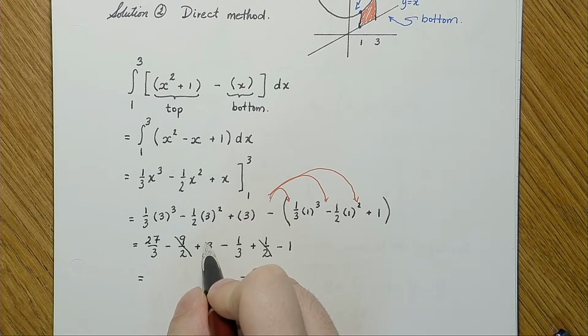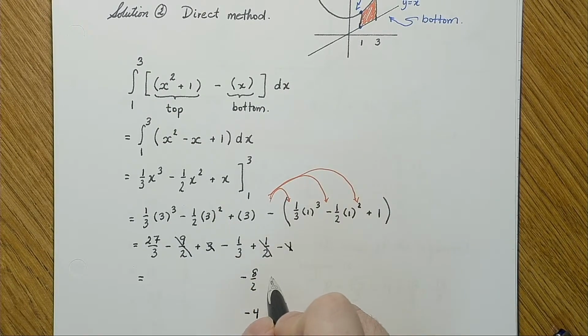I have 3 and minus 1, so that gives me plus 2.